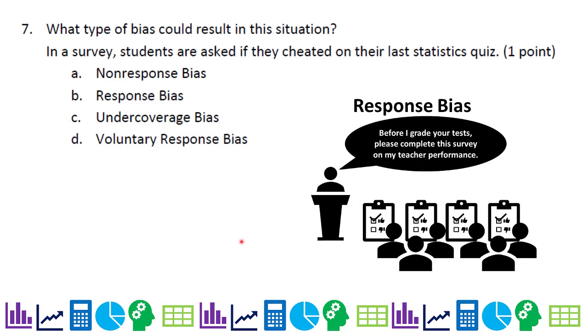Or if I ask you in class if you cheated, very few will stand up even if they did, because there's not an upside generally to standing up and saying, yes, I cheated on my quiz, because there could be consequences from me. There could be judgment from the classmates, so you feel this peer pressure to answer in a certain way. So we call this response bias.